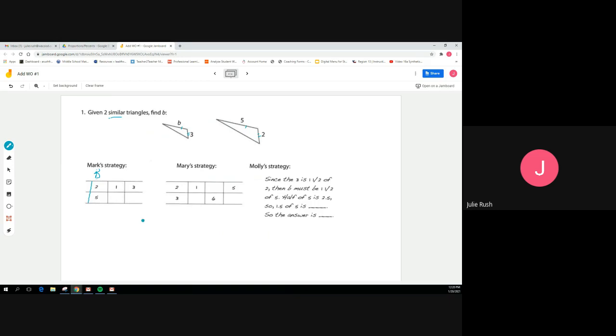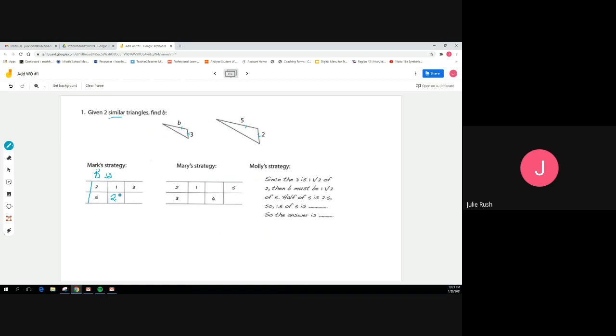Okay. Then he said, I know that this 2 needs to match up with a 3, but he gave himself some room here. And so he divided 2 by 2 to get to 1. So we are also going to divide 5 by 2. And when we divide 5 by 2, we get 2.5.